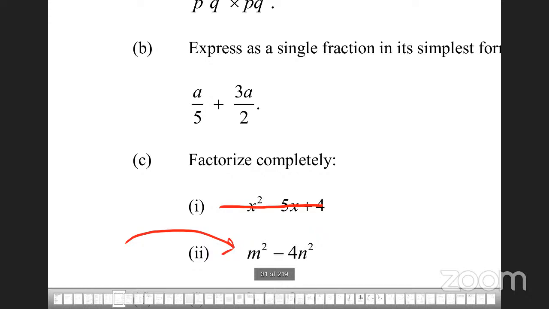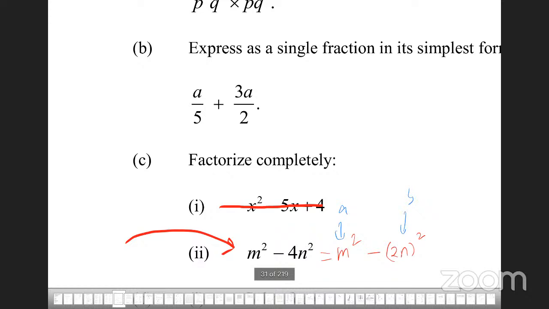So if you look closely here, you have m squared. What squared will give you 4n squared? 2n, right? So what squared will give you 4n squared? 2n squared. Now you have A, now you have B. Right? You're just using the formula.